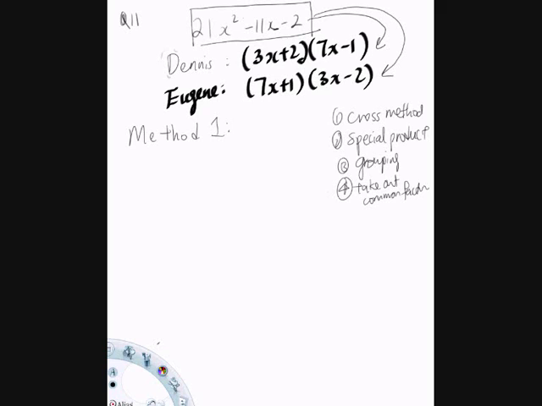This happens to be a quadratic expression, which involves a power of 2. So if you want to factorize a quadratic expression, naturally you use the cross method. The working is as follows: 21x squared, followed by minus 2 and minus 11x.